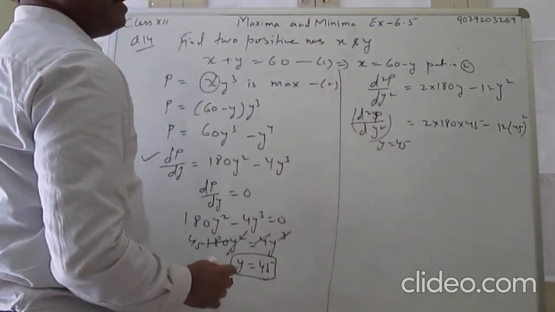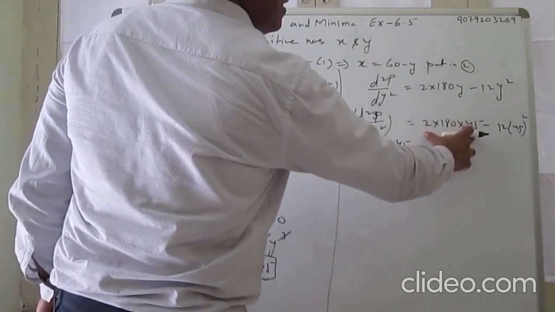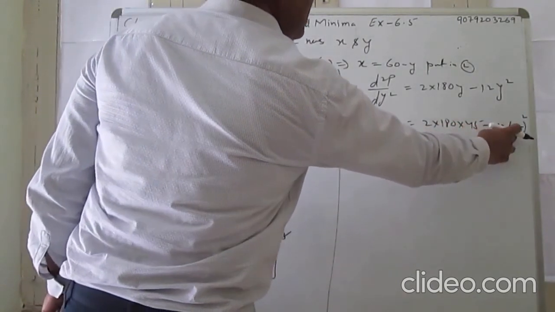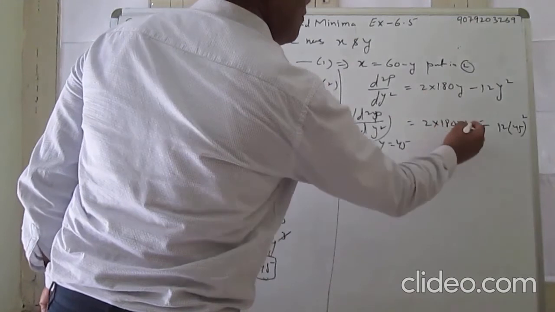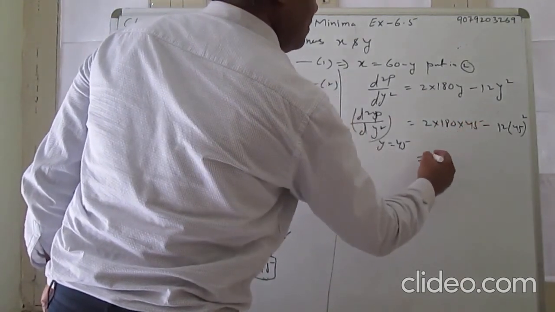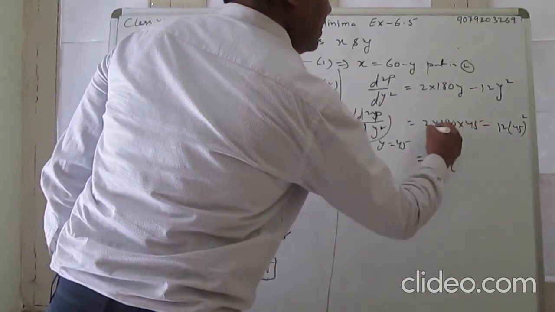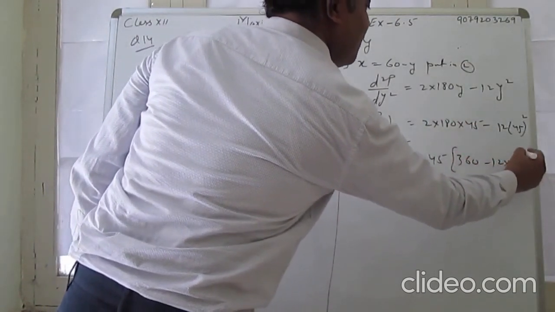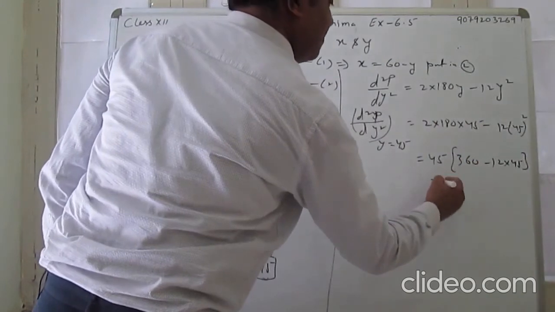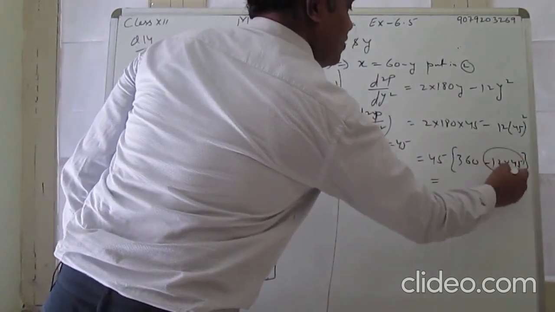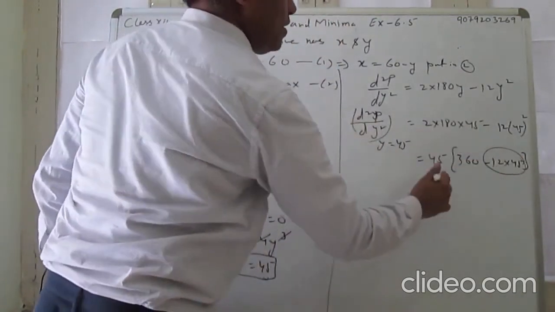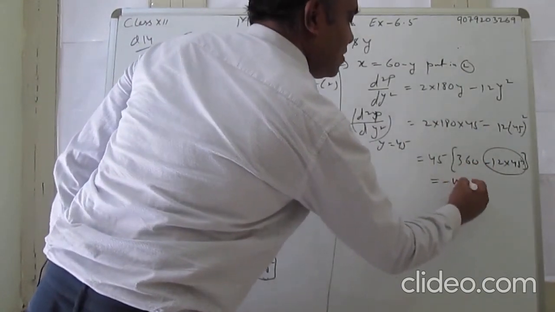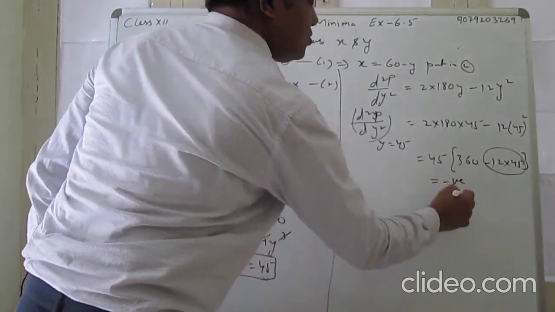Taking 45 common, it is 360 minus 12 into 45. It means it is negative, because the minus value is greater, so it is overall negative. So it is less than 0.